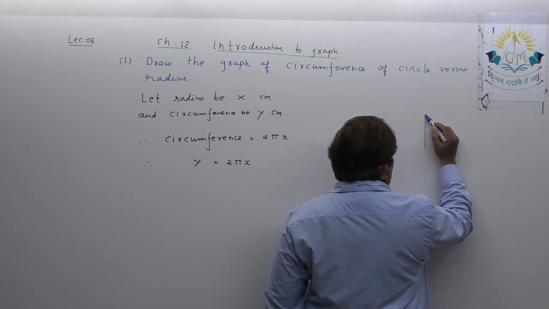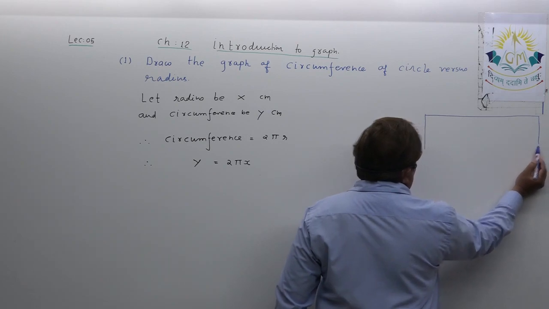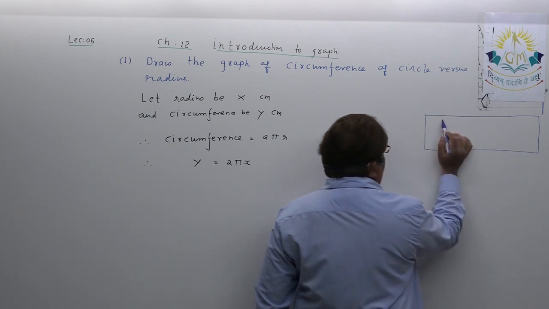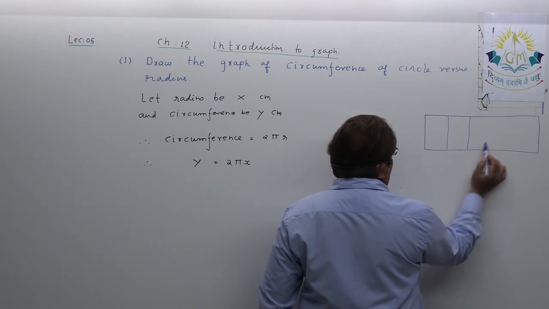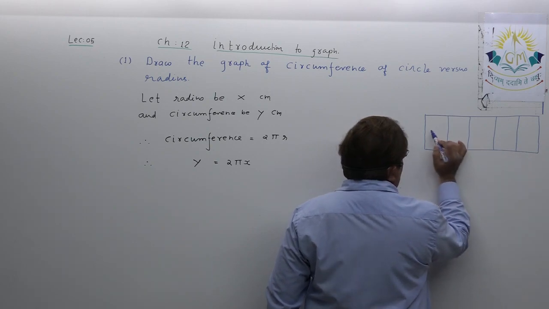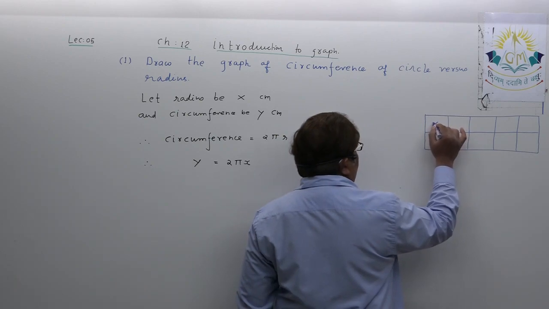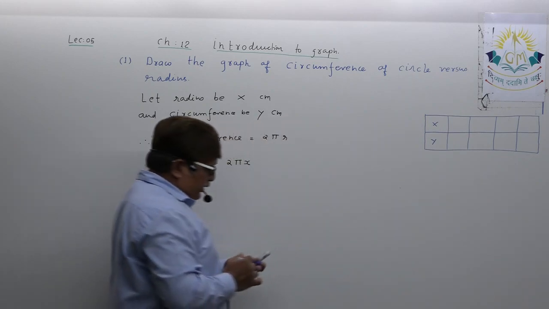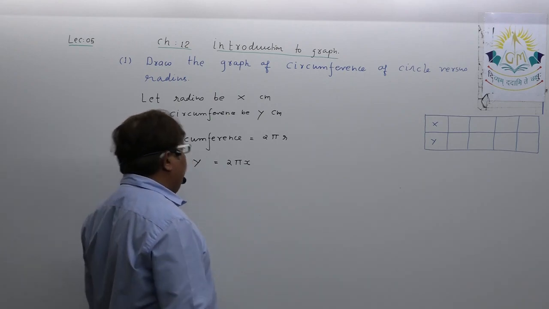Your observation table has to include at least 5 values, but here let us take 4 values. That will also be sufficient for drawing the graph. Okay, x representing the radius, y representing the circumference.